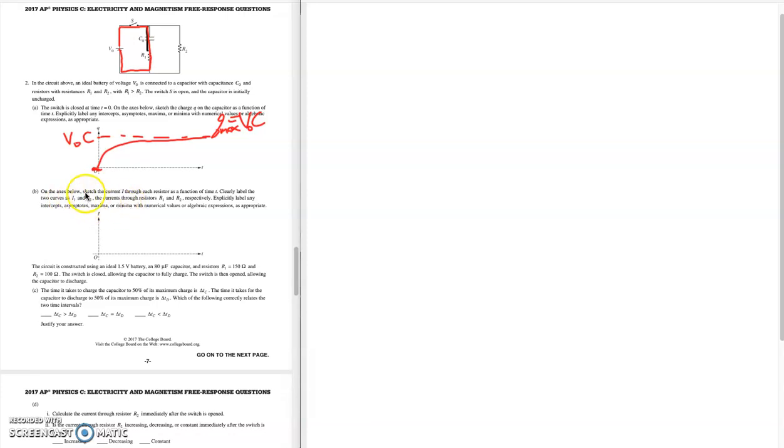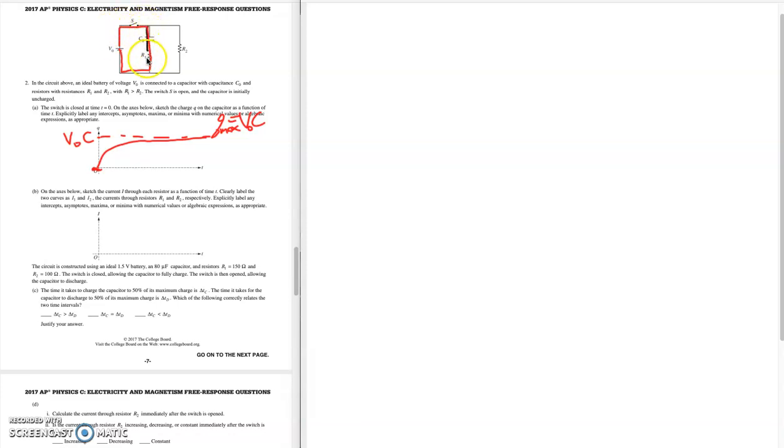Now, for part B, the currents through the two resistors. They told us up above that resistor 2 is less than resistor 1. Since these are in parallel, that tells us that the current through resistor 2 is going to be bigger than the current through resistor 1. As the current goes past the switch, it's going to split.